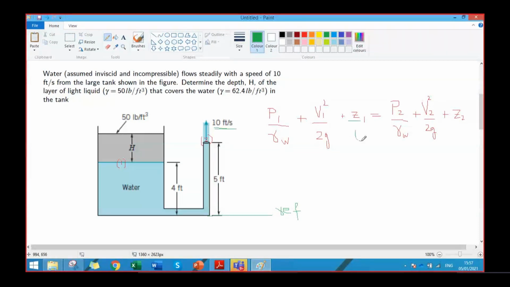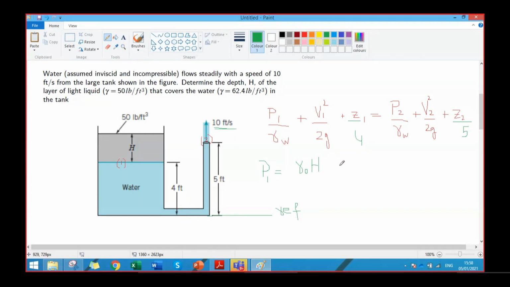So we know Z1 and Z2. What about P1? Sir, gamma H. P1 would be gamma of the light liquid, let's say it's some oil, so gamma of oil into the elevation H, which is unknown to us. Clear?